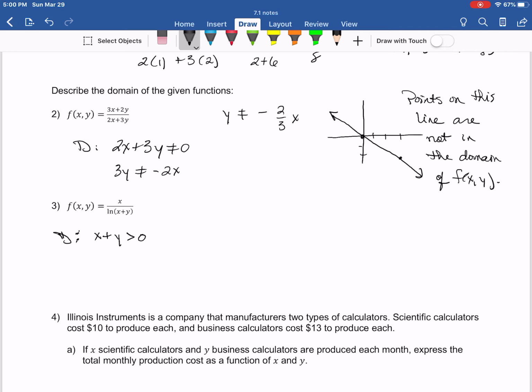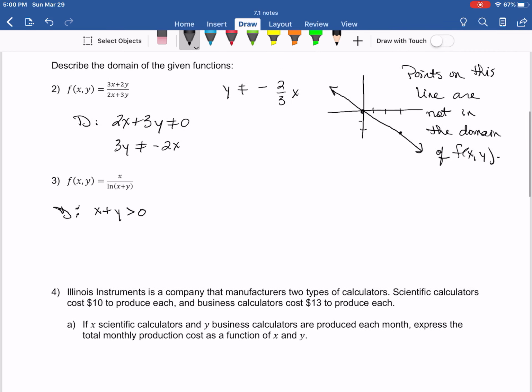I'm going to take it another step further for us, though. I'm going to say that this tells us that y has to be greater than negative x, right? So any ordered pair that makes that inequality true is going to be part of your domain. So if I look at what that graph looks like, if I graph the line y equals negative x, it's going to be a line that passes through the origin with a slope of negative 1, and it's going to be going like this.